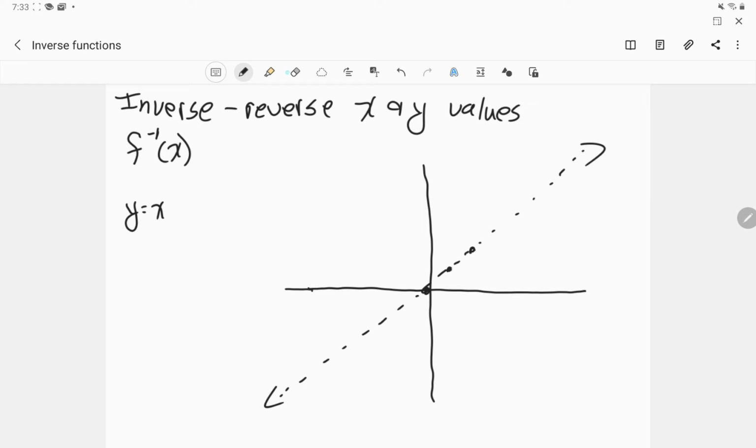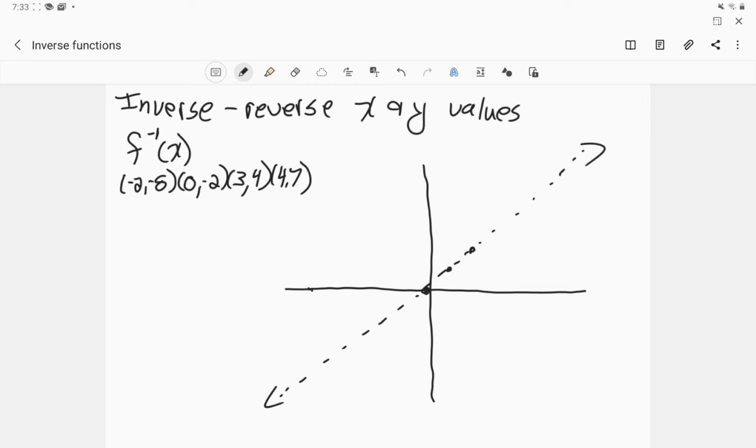So for example number 1 in your textbook, they give you a set of ordered pairs: -2 and -8, 0 and -2, 3 and 4, and 4 and 7. And they ask you just to plot those onto your graph.